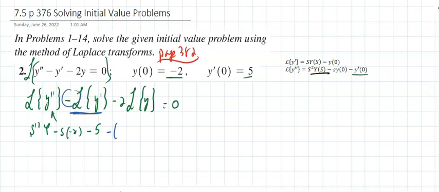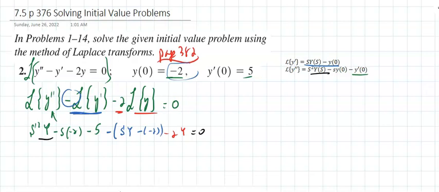Make sure to use parentheses. The Laplace applied on the derivative, s times y minus y of 0. Y of 0 is a -2. Minus 2. The Laplace applied on y, of course, is capital Y. And the Laplace applied on 0 is 0 in this case.